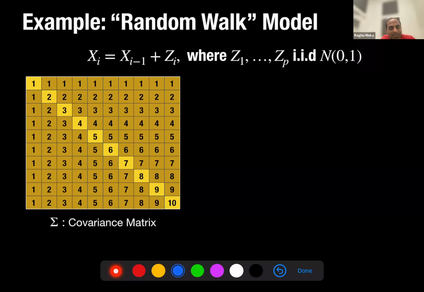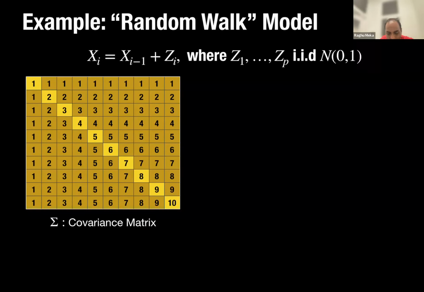And how is the time series data coming in? Time series data just means that your new random variable is your old random variable plus some random Gaussian noise. I'm calling it the random walk model because essentially, you're somewhere here, and then you go up or down depending on Zi. Okay.